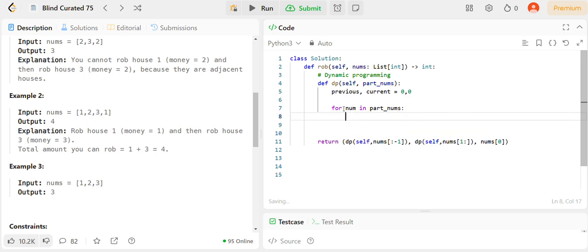Each num is the house we are going to resolve, and we have to decide whether to rob this house or not.